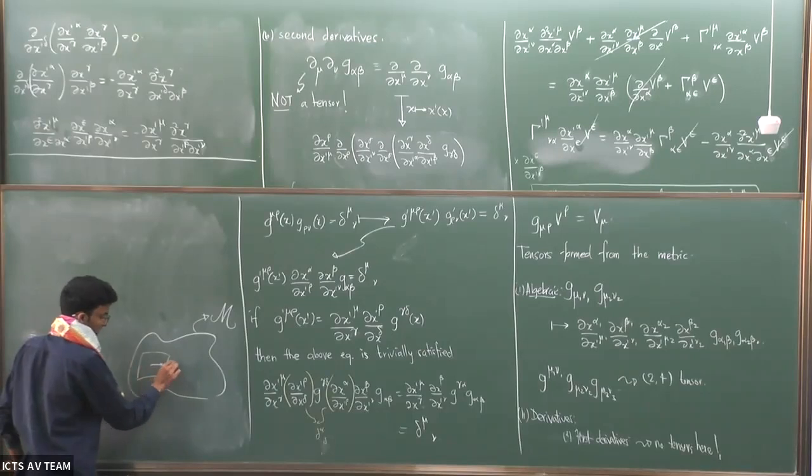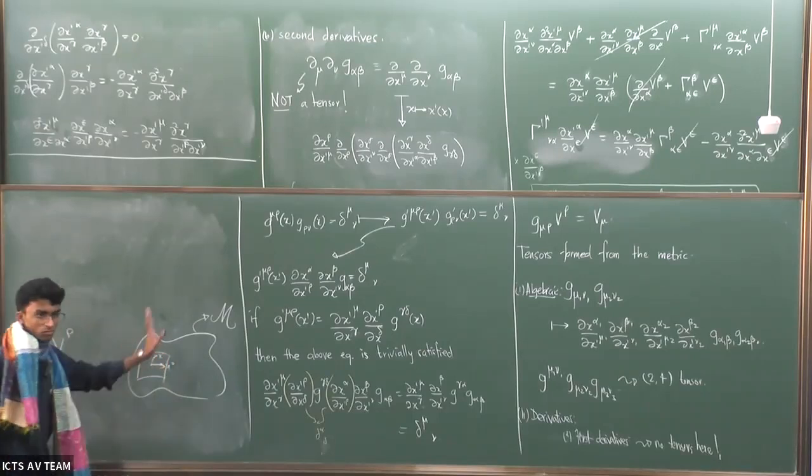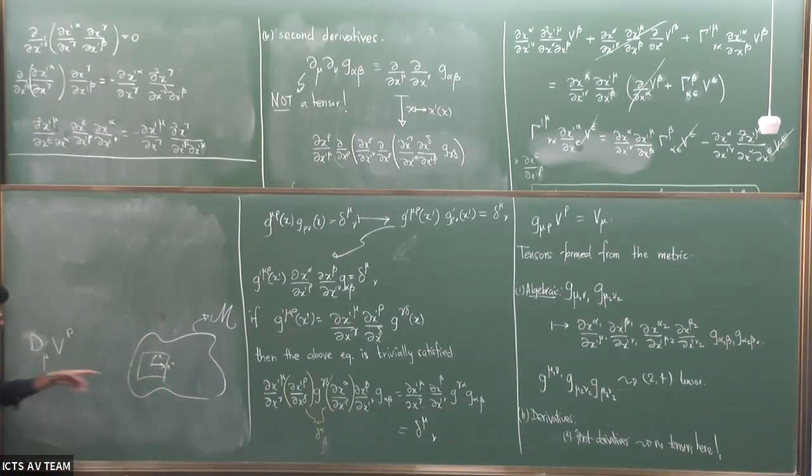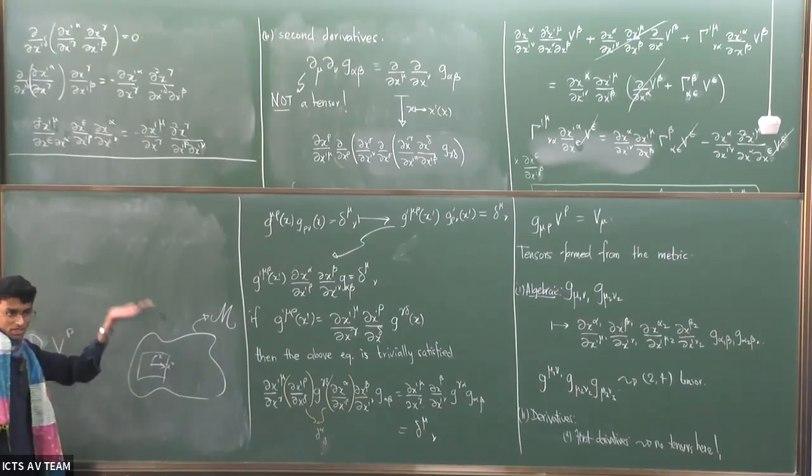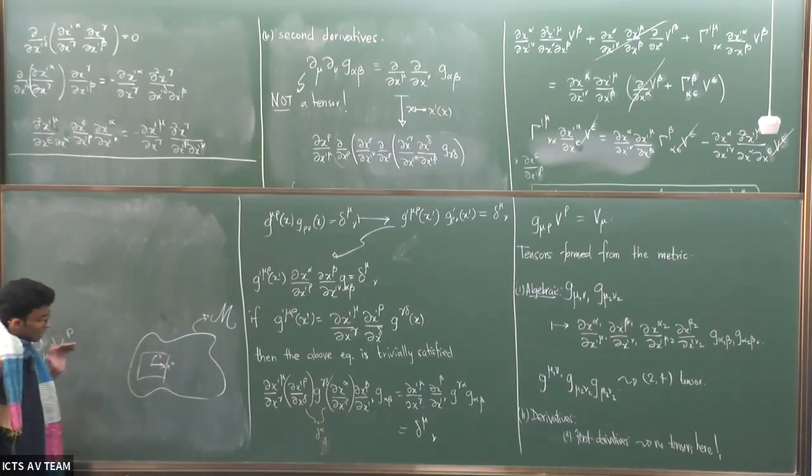Say this is the x mu line, say this is x0 and x1, and you have put many of these coordinates. Mu can range from 0 to d minus 1 if you're in a d-dimensional manifold. And I'm taking one of these directions, doing a covariant derivative along that direction, which is a derivative that's tensorial along that direction. And that is the only kind of derivative you should take, only tensorial derivatives.